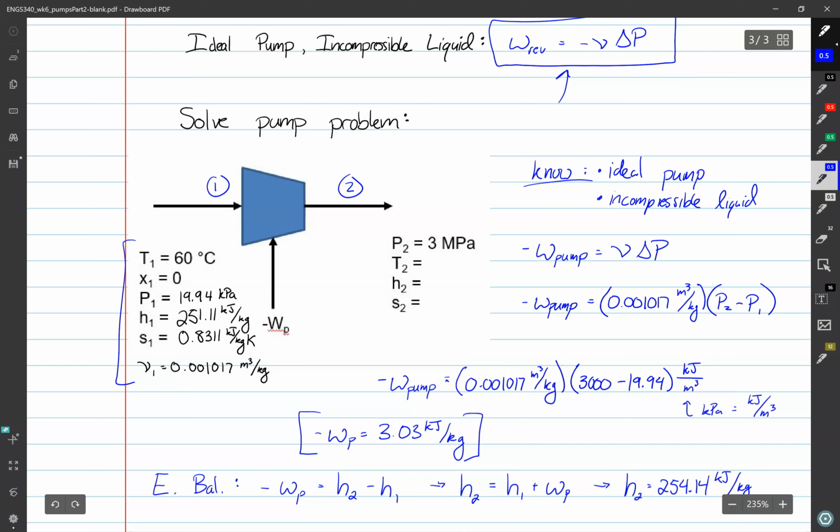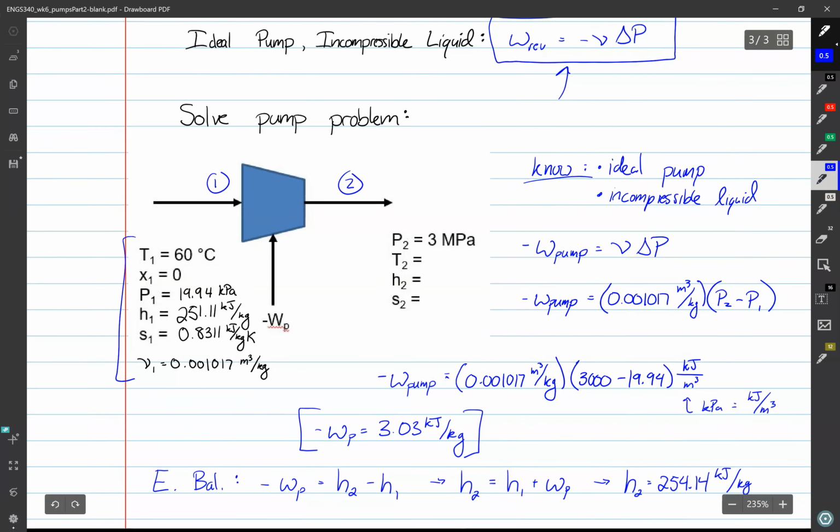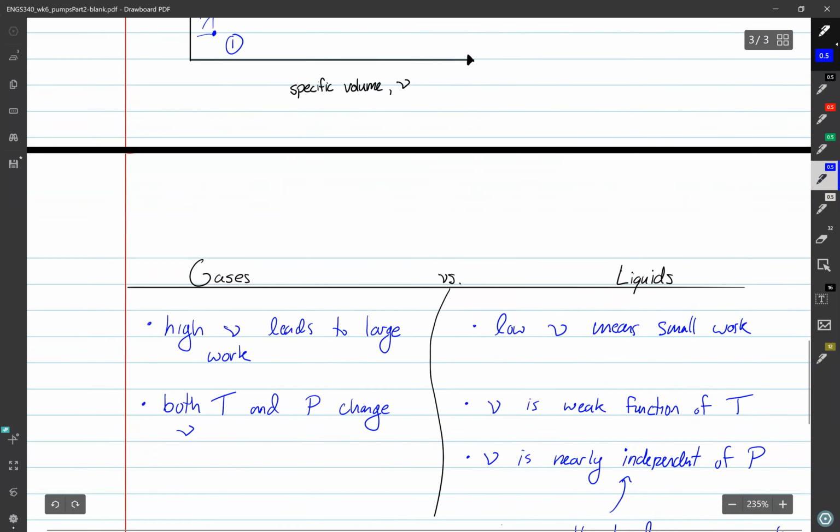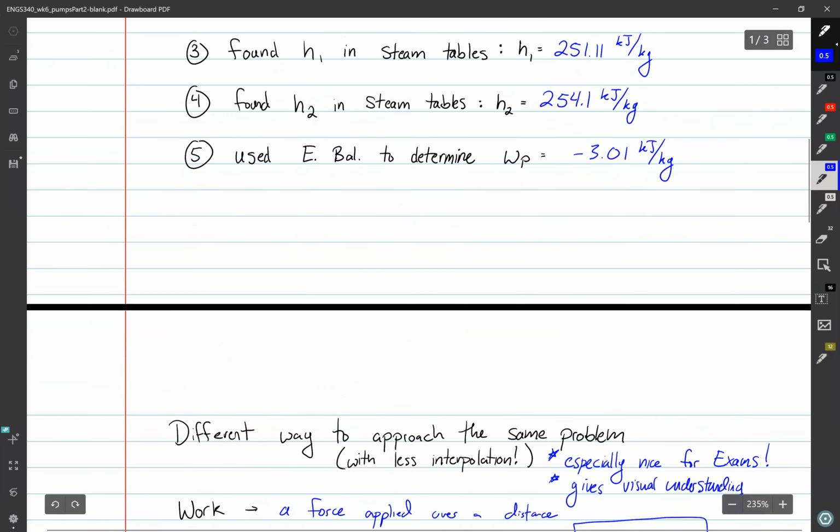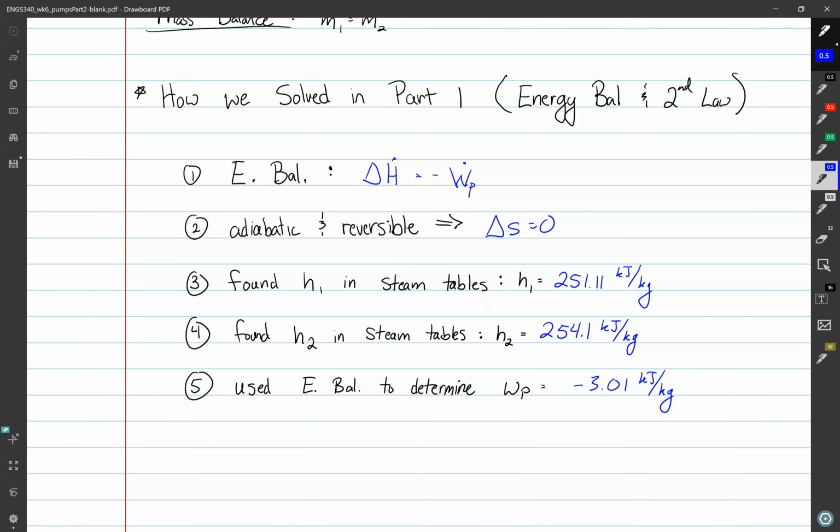kilojoules per kilogram. And if we go back up to the numbers that we got from the previous way that we did that, we got a work of minus 3.01 compared to 3.03, so within 1%.